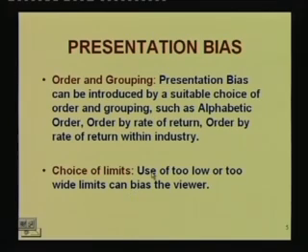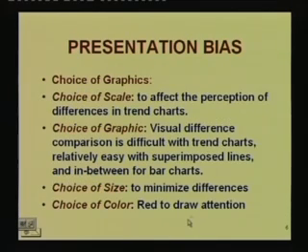Choice of limits: again, use of too low or too wide limits can bias the viewer. Then some examples like choice of graphics, and choice of scale to affect the perception of differences in trend charts. Again on graphics, visual difference comparison is difficult with trend charts, relatively easy with superimposed lines, and in between for bar charts.